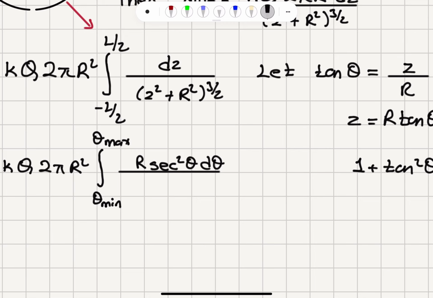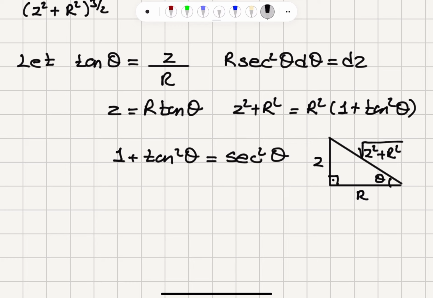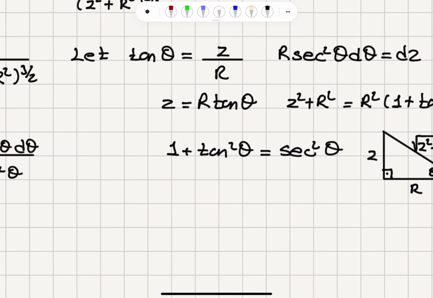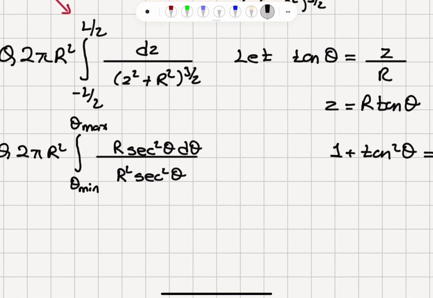For z square plus R square, I'm substituting capital R square secant square theta. So capital R square secant square theta is z square plus R square, and this is to the power 3 over 2.